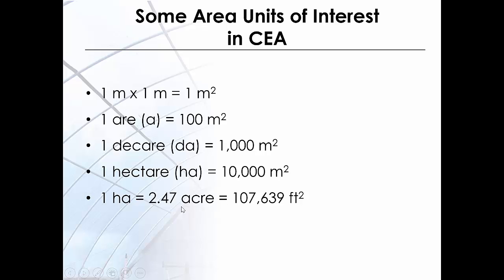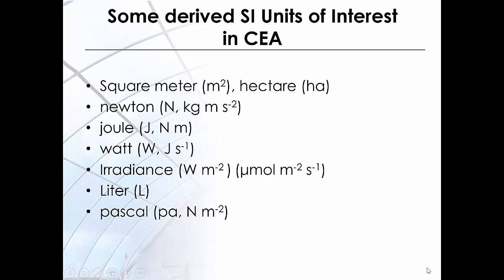Another unit used in controlled environment agriculture is the acre, and 1 hectare, for example, is equal to 2.47 acres, and that's equal to 107,639 square feet.